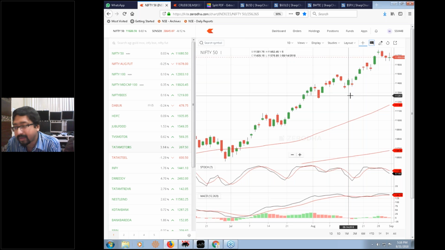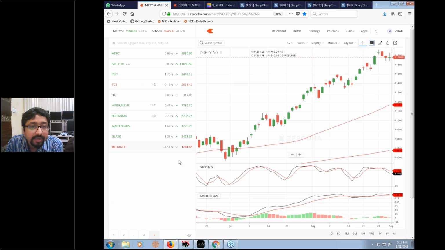These stocks were performing, but nowadays ITC has also joined, and ITC is also taking a lead position. So ITC, we are maintaining our bullish opinion in ITC. We will show the chart how the stock is looking.